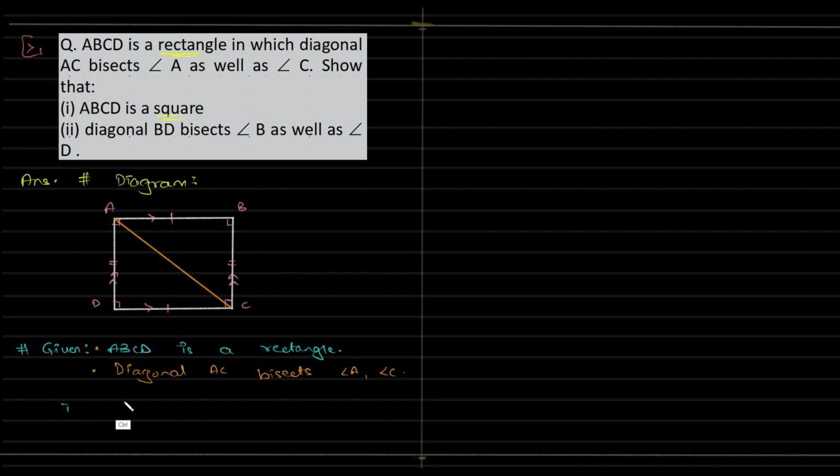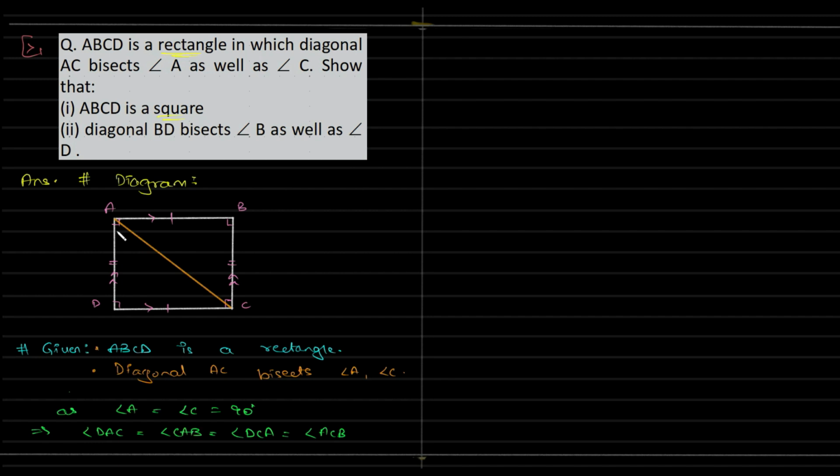we know that angle A and angle C are 90 degrees. So as angle A is equal to angle C, both of them are equal to 90 degrees. This implies angle DAC is equal to angle CAB, which in turn is equal to angle DCA, which in turn is equal to angle ACB.